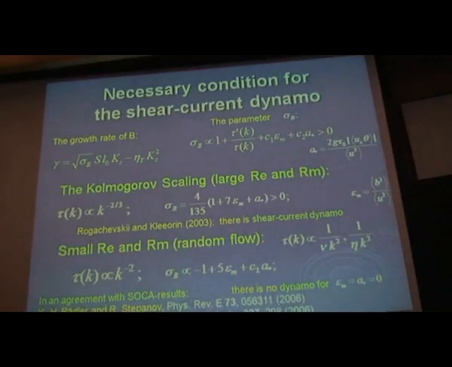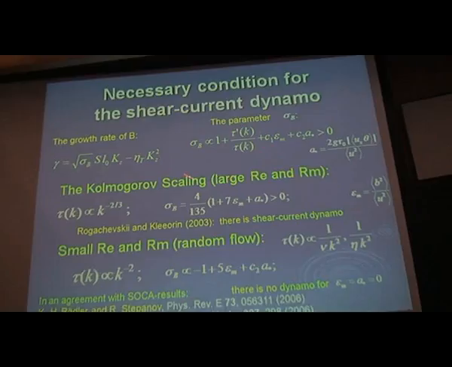Okay, we studied this effect using different procedures: the tau approximation, and also the second order correlation approximation. Recently, we applied another procedure, the renormalization procedure, in order to study this effect. The result is the following. Of course, the main contribution to the effect comes from the maximum scale fluid motion. But the result depends on the scaling of the relaxation time, the correlation time, on k.